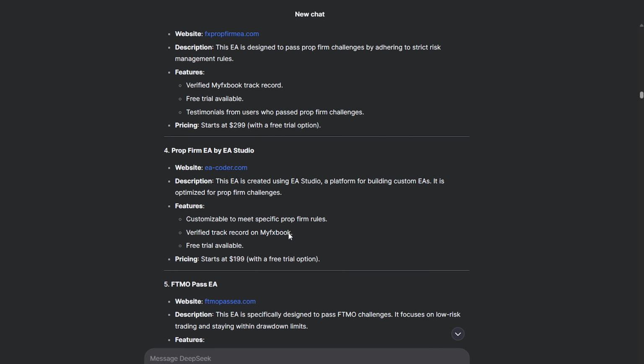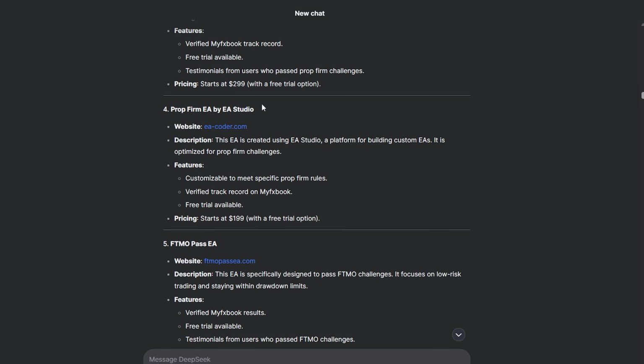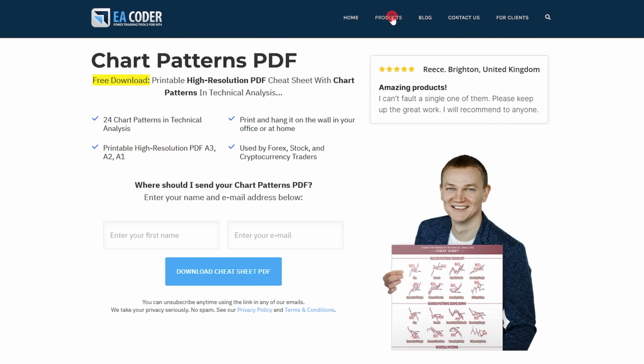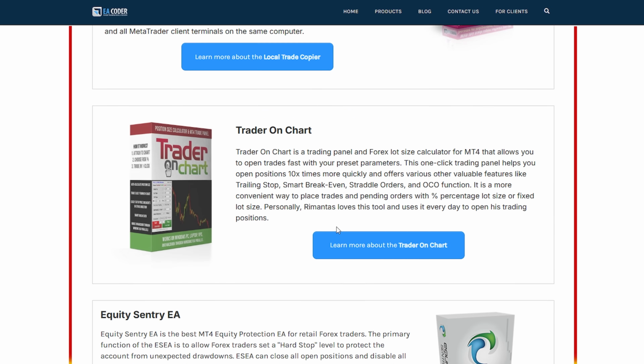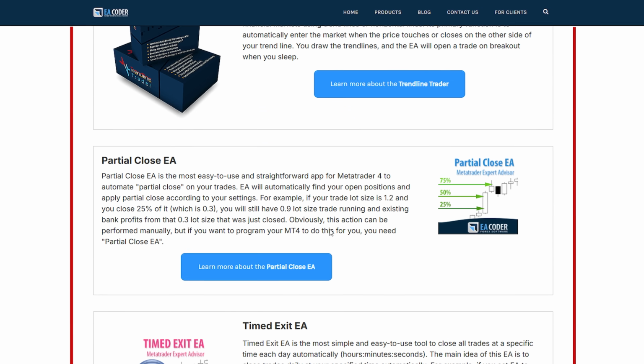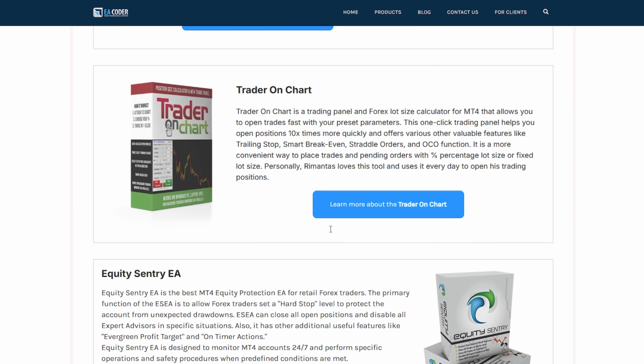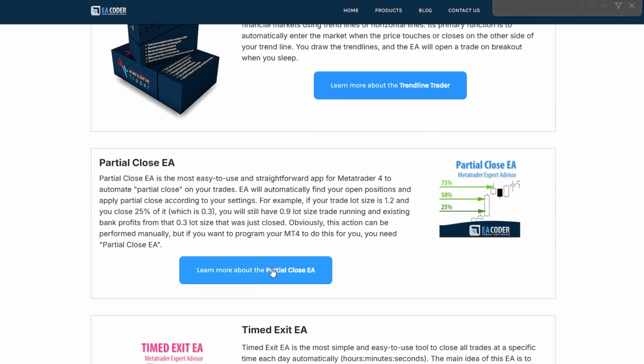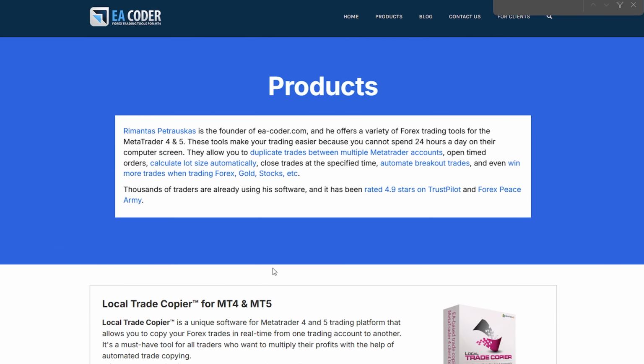Then we have Prop Firm EA by EA Studio from a website EA Coder, and if I go to that website, you will see that these guys actually sell trade copiers and some other EAs, but it's nothing related to what I asked. There is no information on this website related to prop firms.